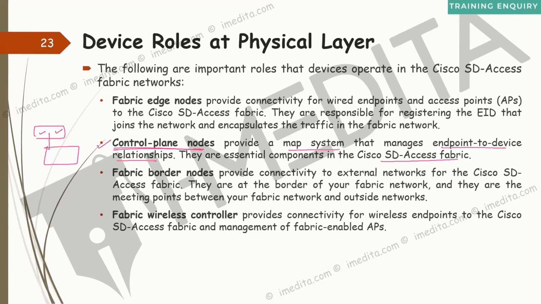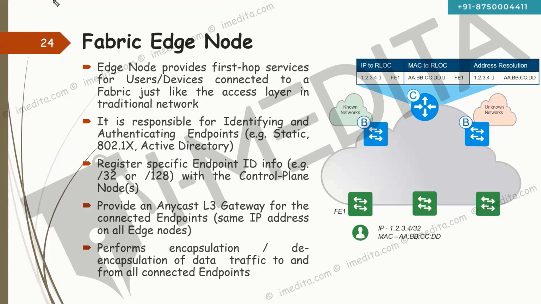Okay, what is a fabric edge node? Fabric edge node provides first hop services for the users connected to the fabric, just like the access layer switch in the traditional network. Fabric edge nodes act as the default gateway for the end users.